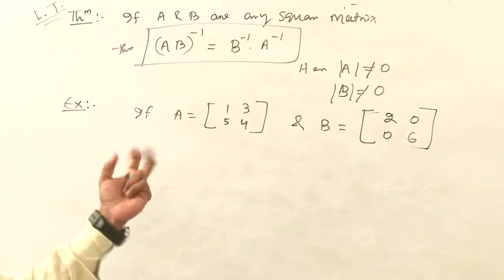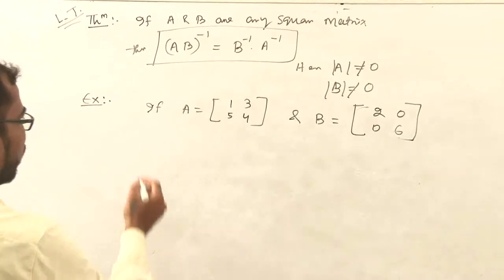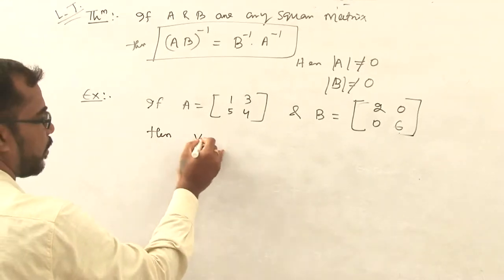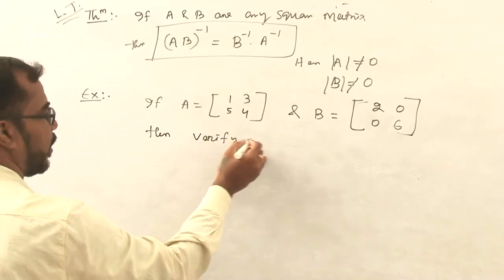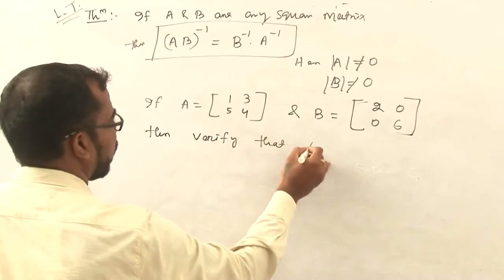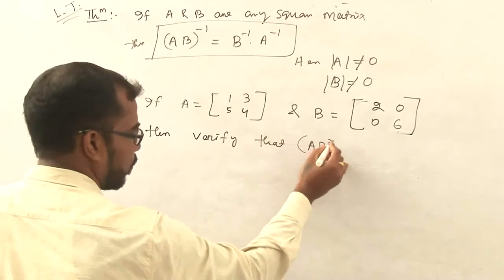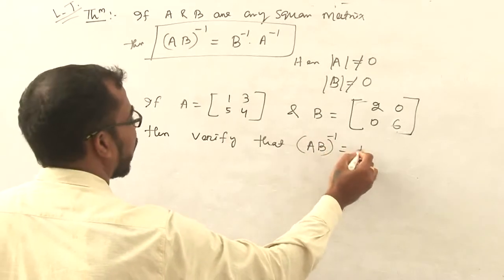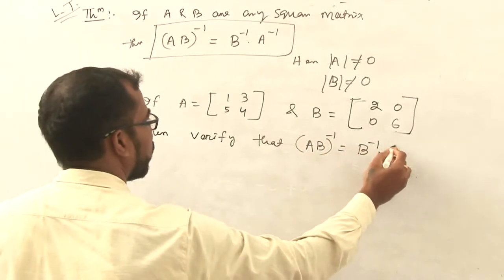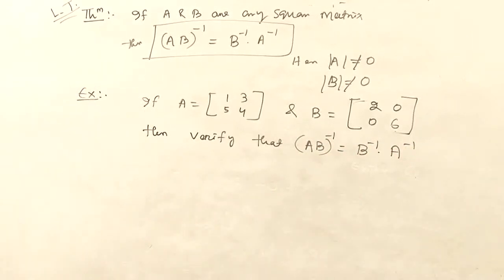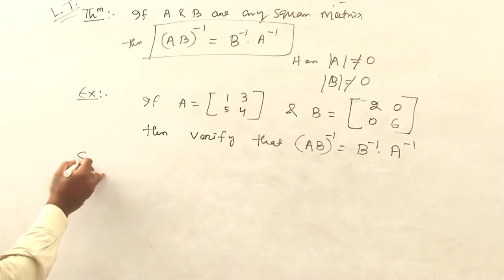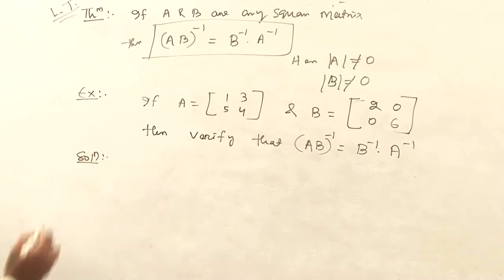A and B are both square matrices. Then you have to verify that inverse of AB is equal to inverse of B into inverse of A. So that is the theorem to verify. Now take the solution.